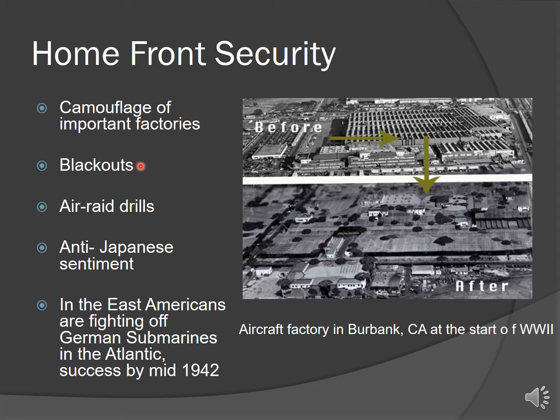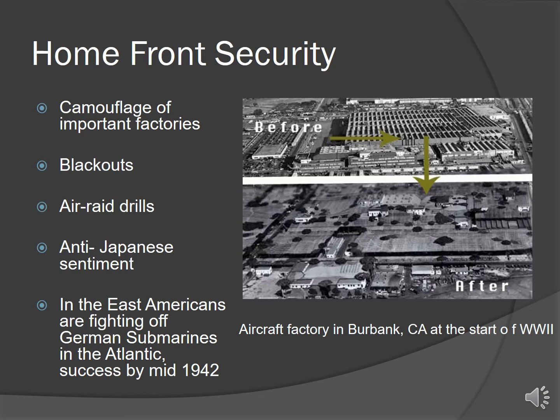The other thing that's happening are regular air raid drills and blackouts. This was to prepare the population in the event of an invasion by the Japanese. So basically you would have these air raid sirens that would go off. Everything would go black.